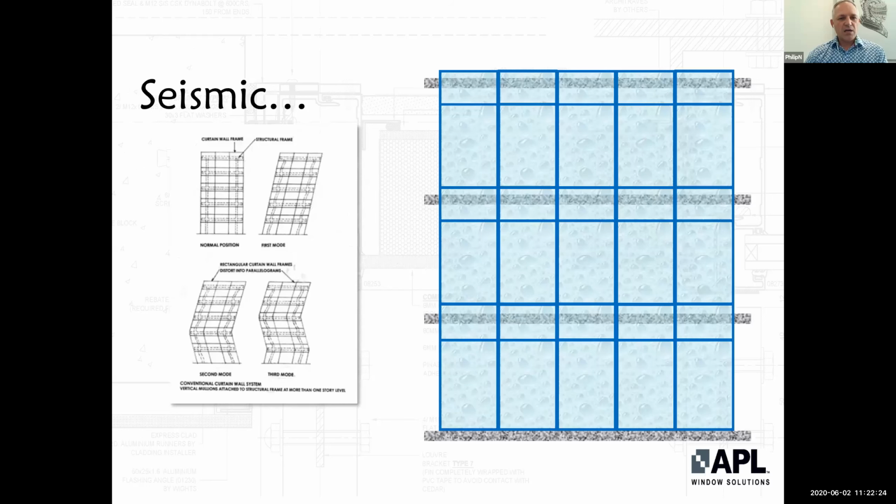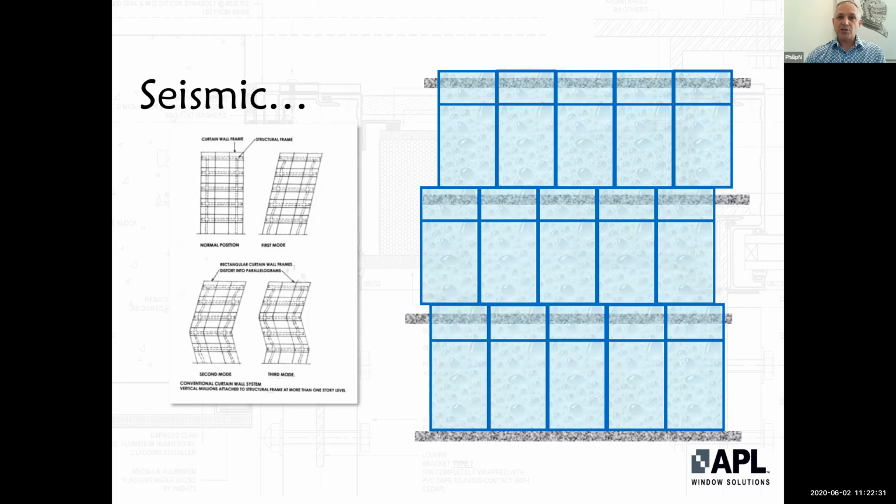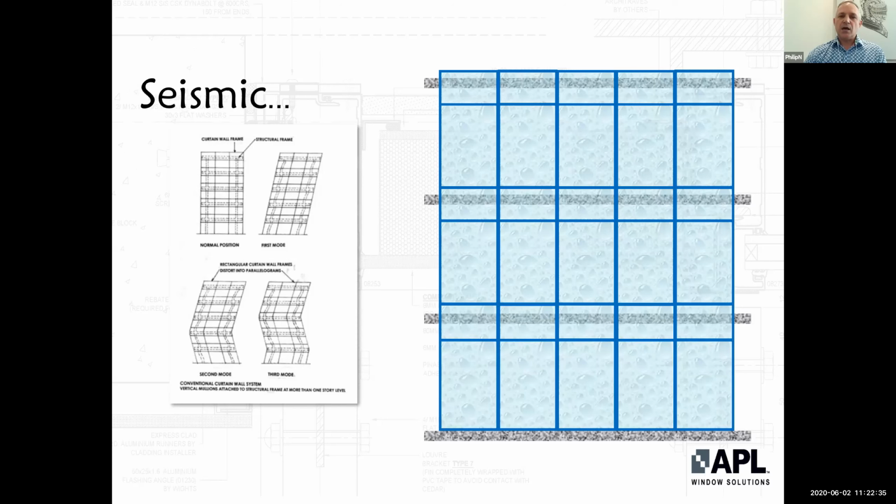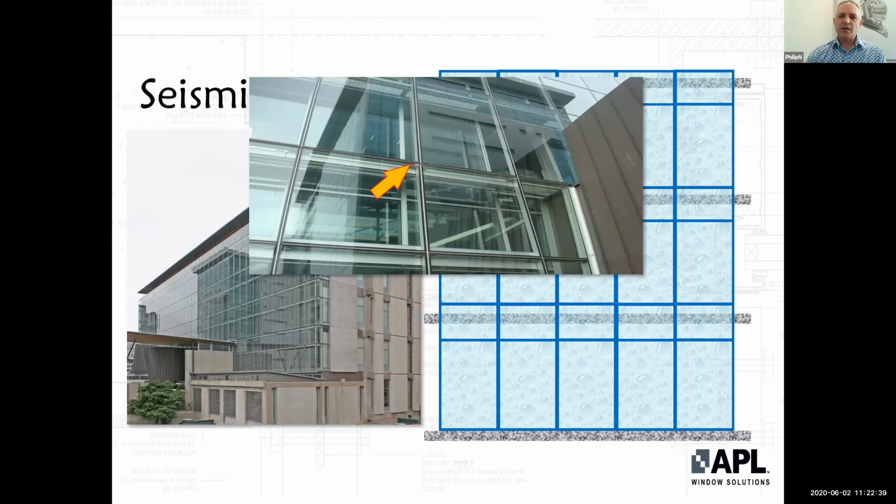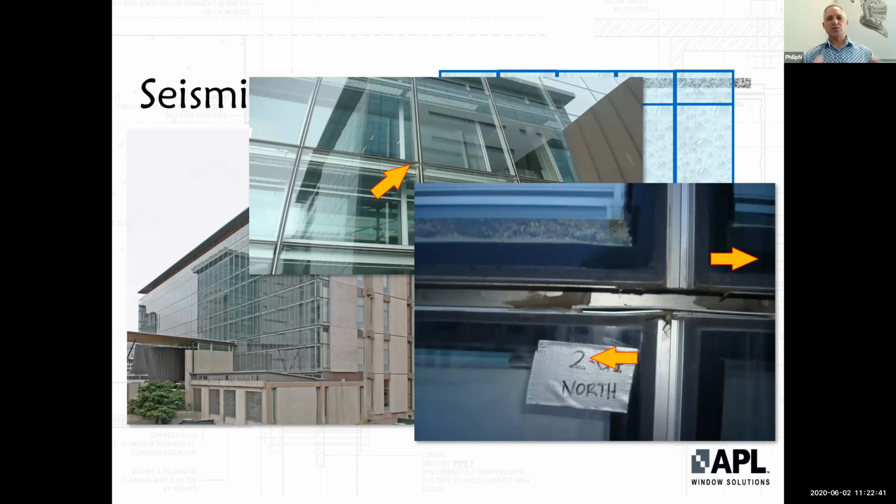In the case of a seismic event, the ground moves first, and then the rest of the building is trying to catch up. That's why the system is built around a series of male-female connections, not just vertically with the vertical mullions, but also horizontally as well, because earthquakes don't just move side to side, they actually move up and down as well.